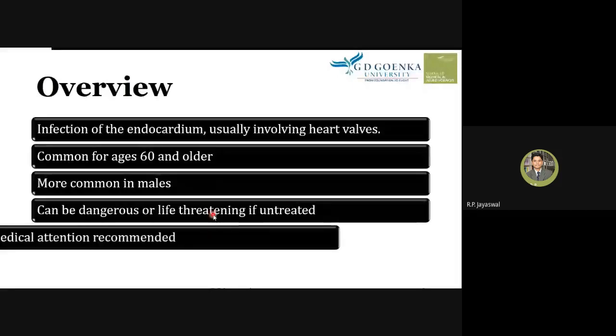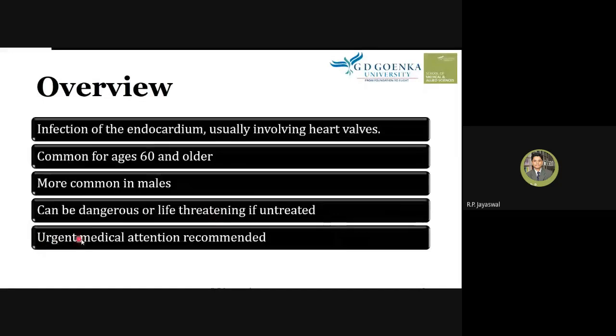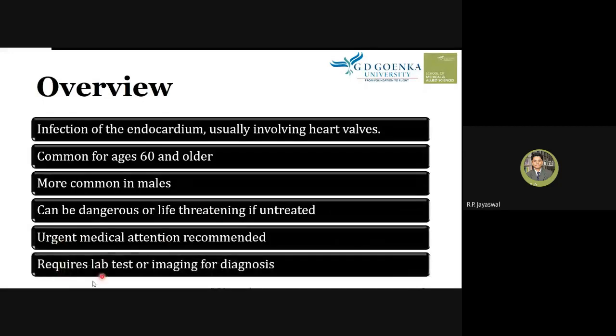Because of that, we require urgent medical attention, and this requires a series of lab tests or imaging methods so that we can diagnose the disorder. So imaging tests and laboratory tests will help in the diagnosis of infective endocarditis.